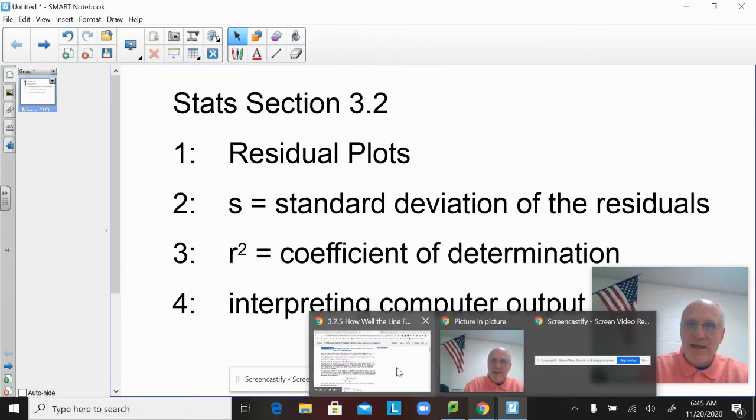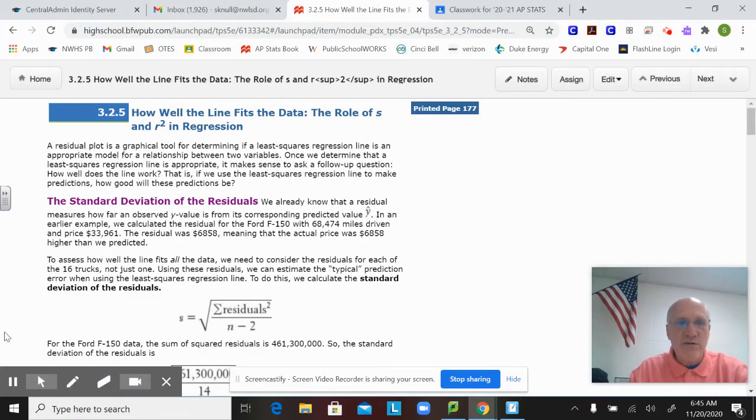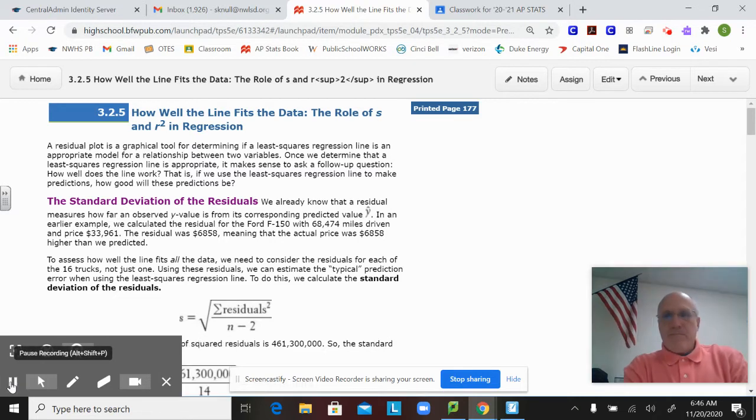So let's talk about S, the standard deviation of residuals. It is exactly what it says. Let's remember from chapter 1 what the standard deviation tells us. If we had just a set of test scores, and the standard deviation was 10, the interpretation was that a typical test score differs from the mean by about 10 points.